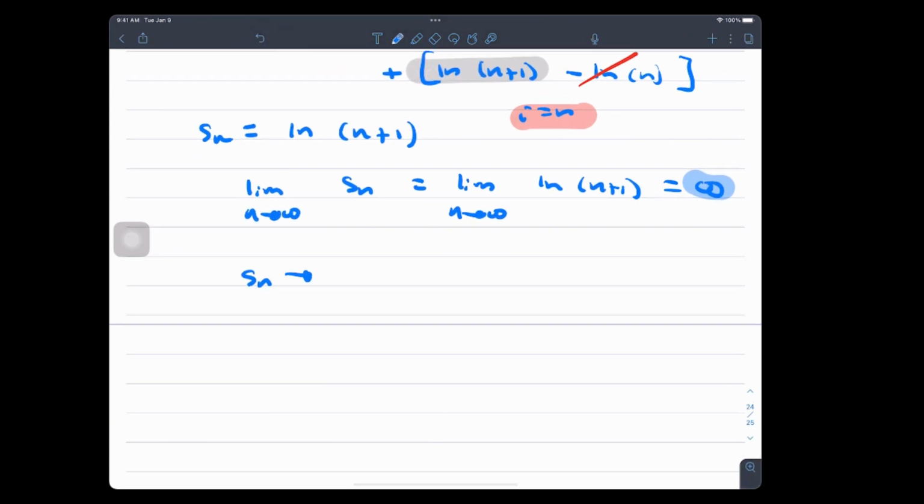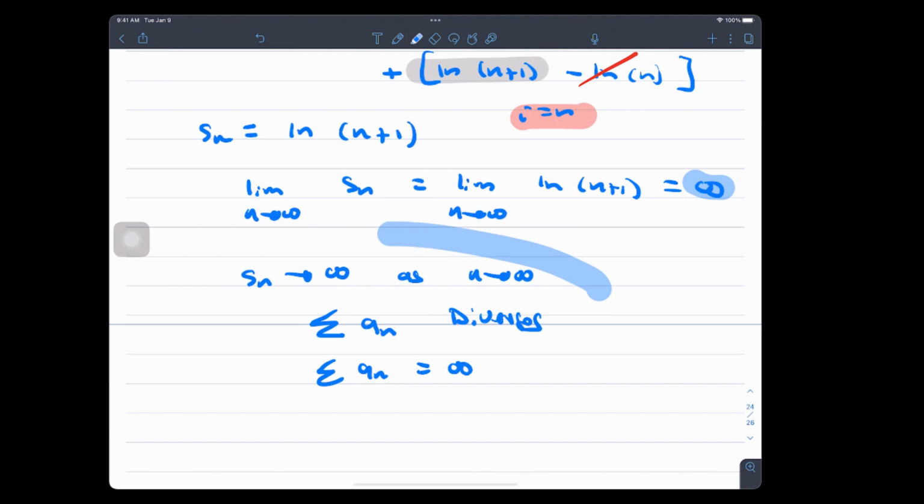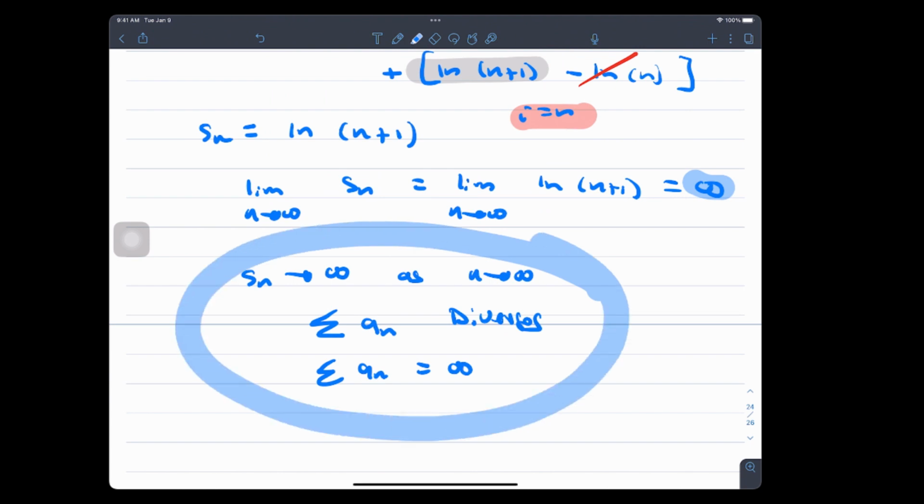So Sn goes to infinity as n goes to infinity. That means the series diverges. Your series, ladies and gentlemen, this is the format of it. And that's really the proof behind this.